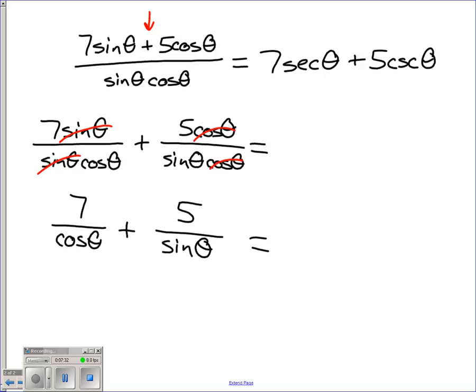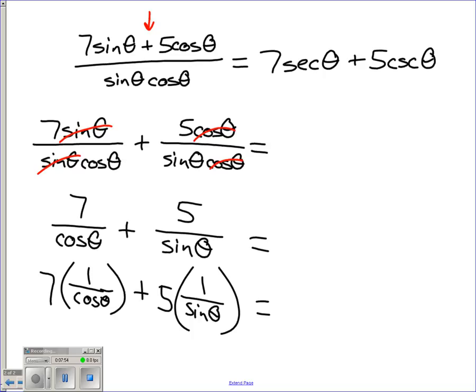Now we want it to look exactly the same as the right-hand side. Well, I'm going to write this 7 over cosine as 7 times 1 over cosine theta. Plus, and then I'll write the second one as 5 times 1 over sine of theta.